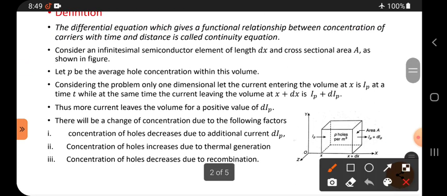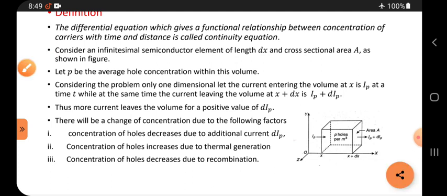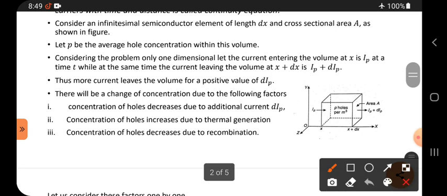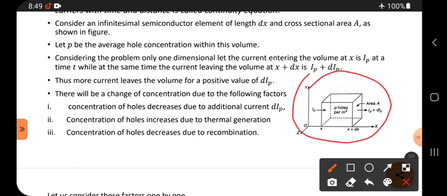Now consider an infinitesimal semiconductor element of length dx and a cross-sectional area A, as shown in the figure. It is infinitesimally small, so it is a very small cube.